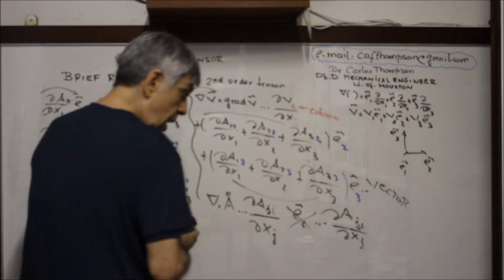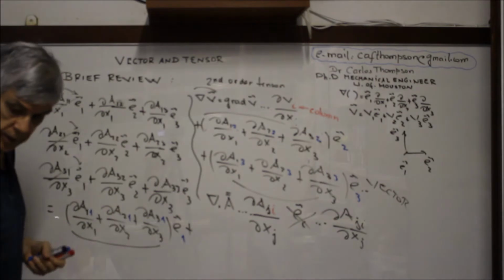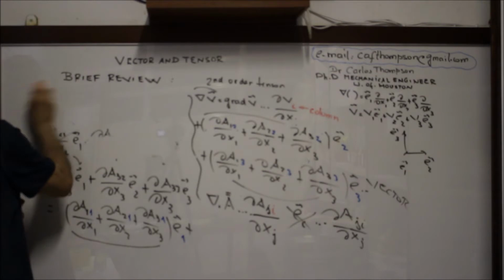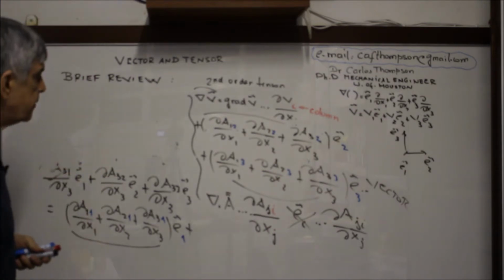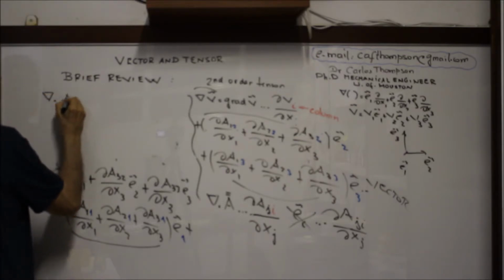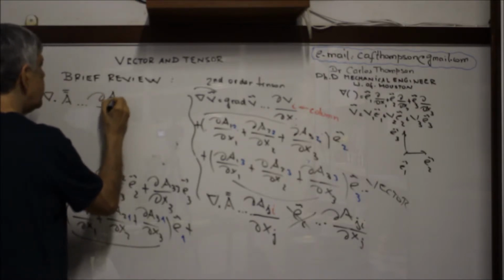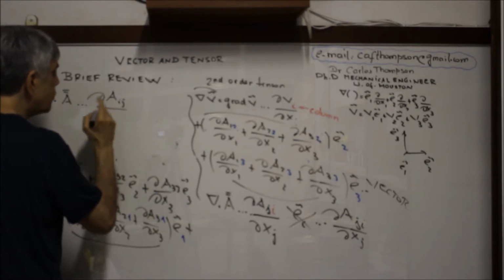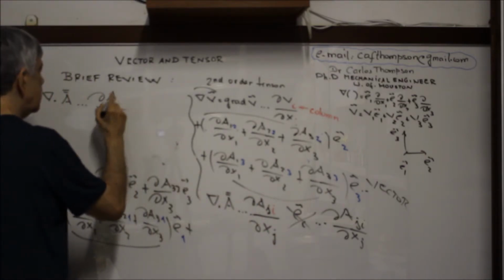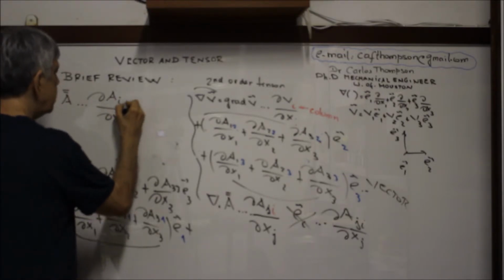Now, if I exchange here, no problem. I could write it like this. So divergence of a second order tensor can be written as, for instance, partial of Aij with respect to xi, and this will be j.